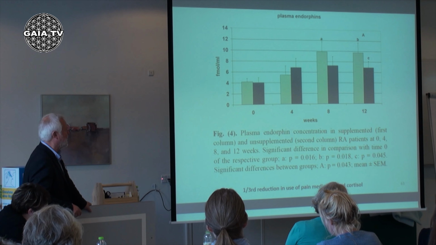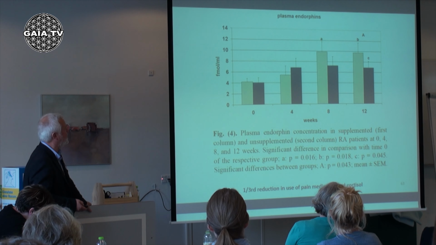Also, a one-third reduction in the use of pain medication and of cortisol was achieved. So it absolutely makes sense to use alkaline supplementation in these patients. It will not cure rheumatoid arthritis. Until now there's no cure for that. However, it will reduce the problems in the patients significantly.